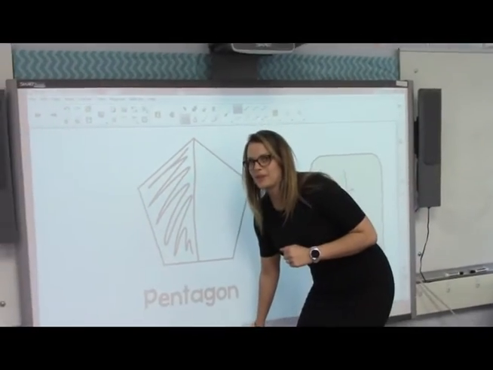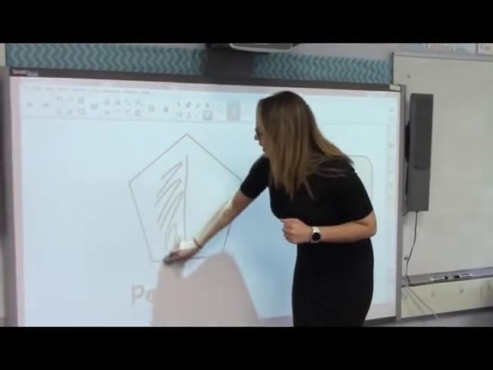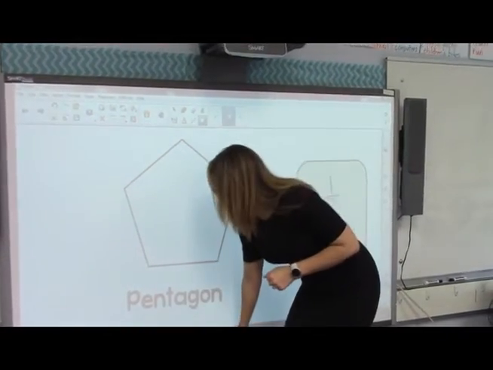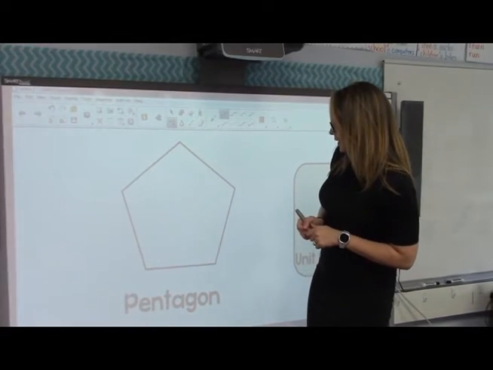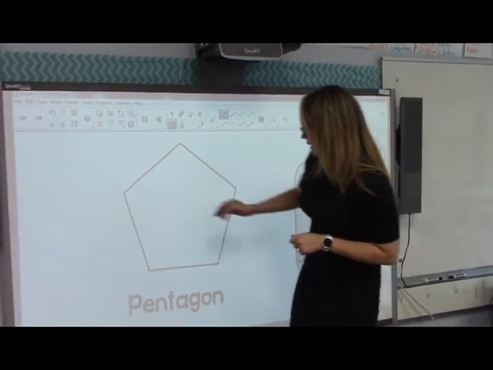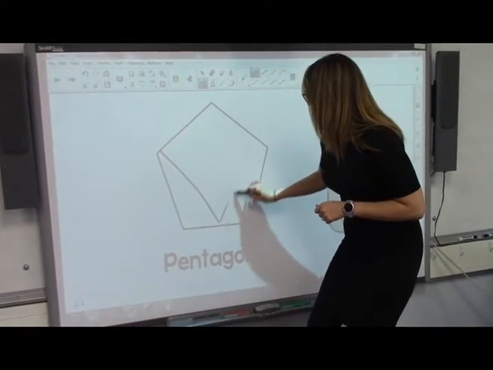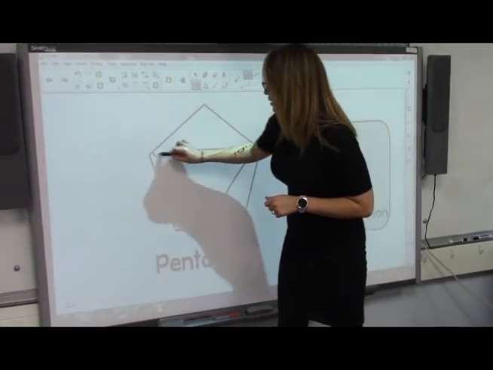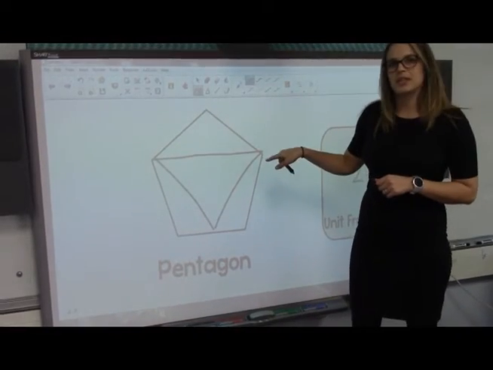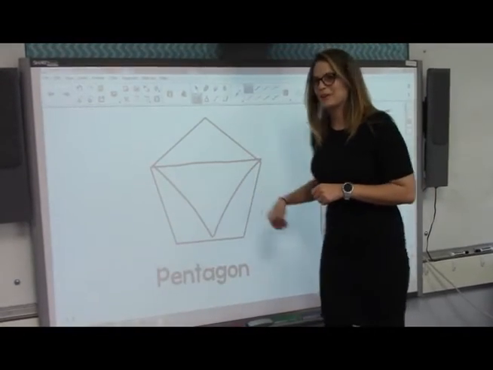But there's another way for you people who are trying to figure out other ways to partition these crazy shapes. And let's see if I can do it. I don't think I can. There's a way to make it triangles. There is a way, but that's not the way. But maybe you can try it on your own.